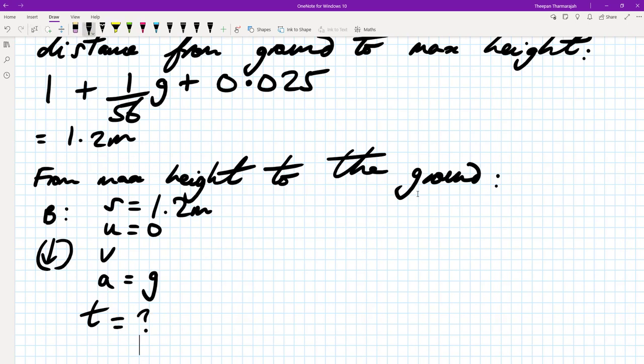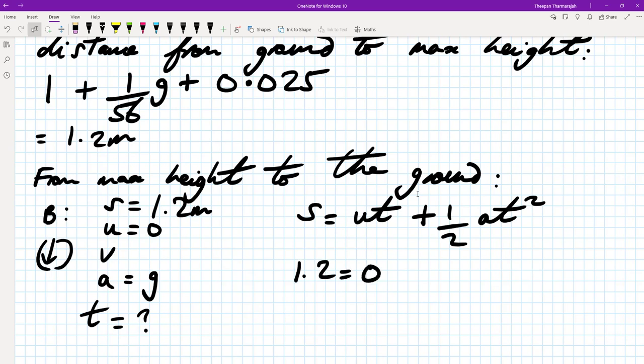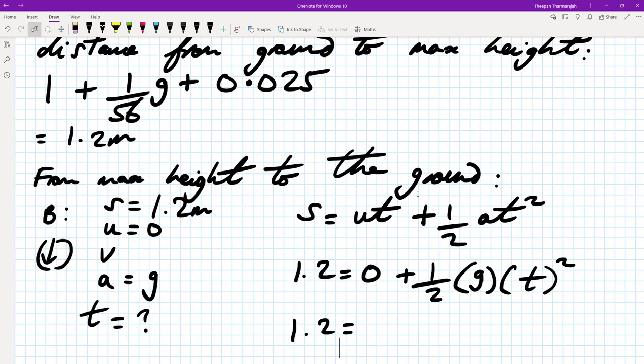So now what we're going to do is s equals ut plus a half at squared. So we're going to have 1.2 equals 0 plus a half times g times t squared. So 1.2 equals 4.9 t squared.